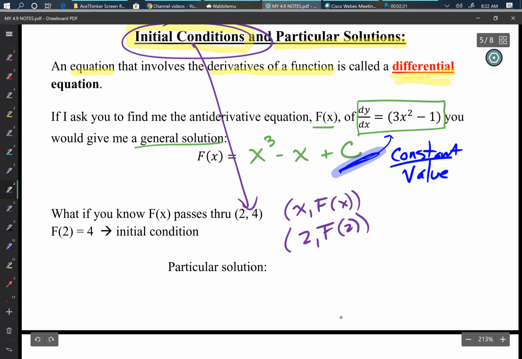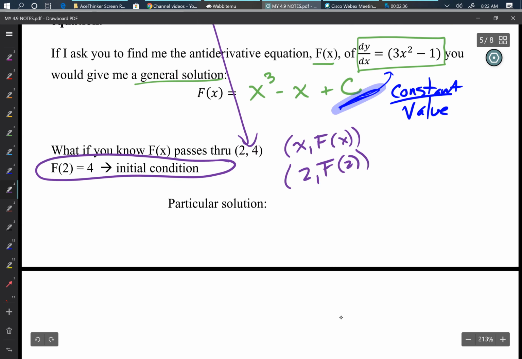So we have an initial condition that tells me f of 2 is equal to 4. That allows us to solve for the value c for this initial condition problem. We can say that 2 cubed minus 2 plus c must be equal to 4.